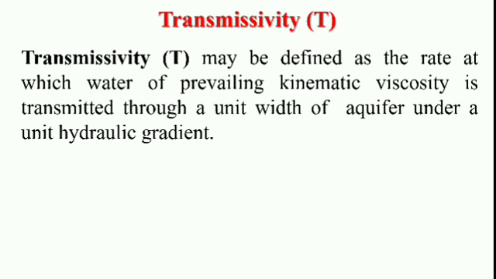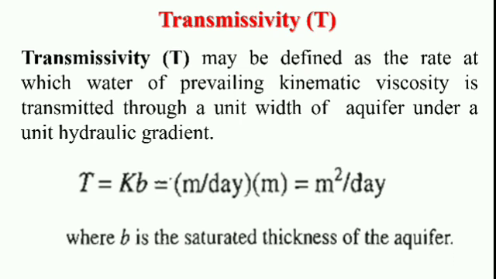The symbol for transmissivity is capital T. Transmissivity is widely employed in groundwater hydraulics, and it is defined as the rate at which water of prevailing kinematic viscosity is transmitted through a unit width of aquifer under unit hydraulic gradient. That is the definition of transmissivity.